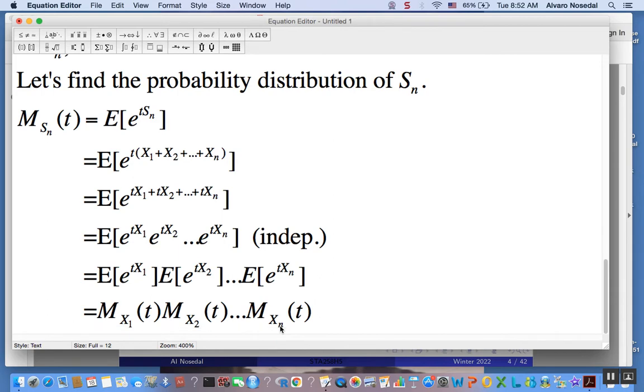Now, all of these guys have the same distribution. They are identically distributed.